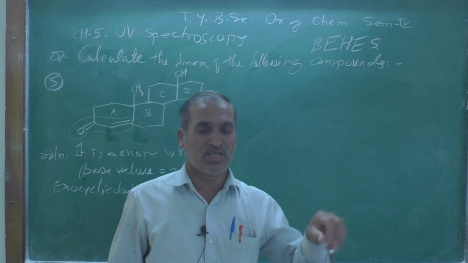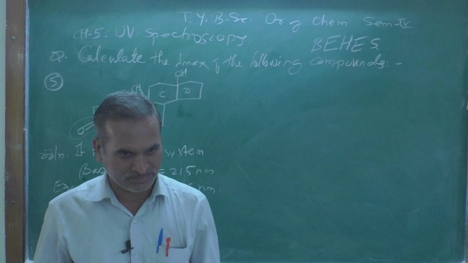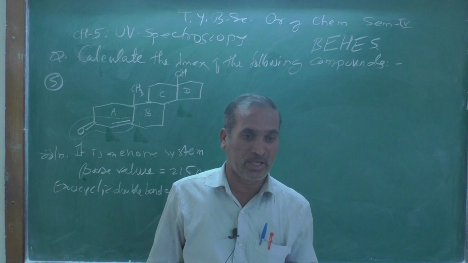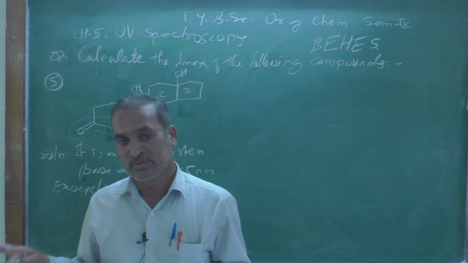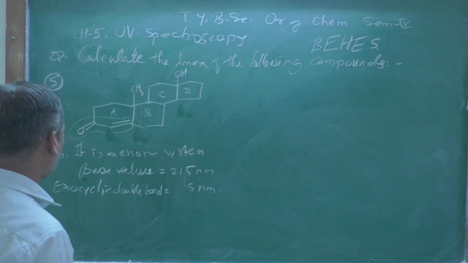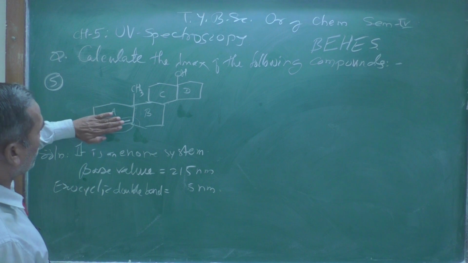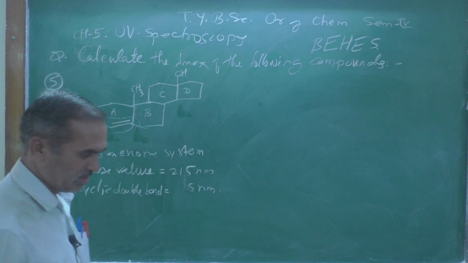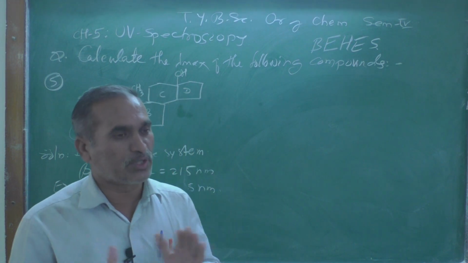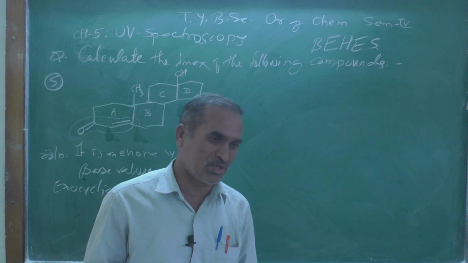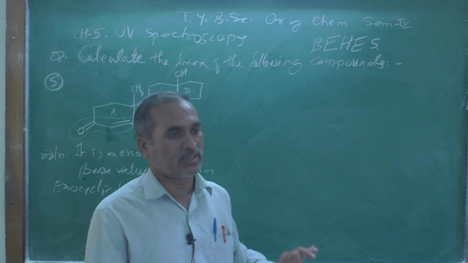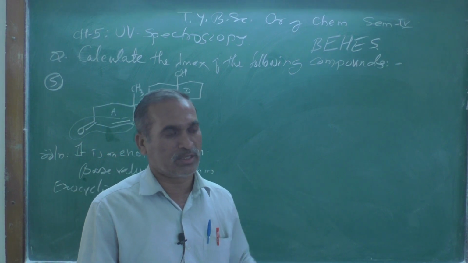Extended conjugation is nothing but an extra double bond, excluding the conjugation that is already there. Look here, only an enone system is present, there is no extra double bond in this compound, and therefore there is no extended conjugation present. No need to write that point here.